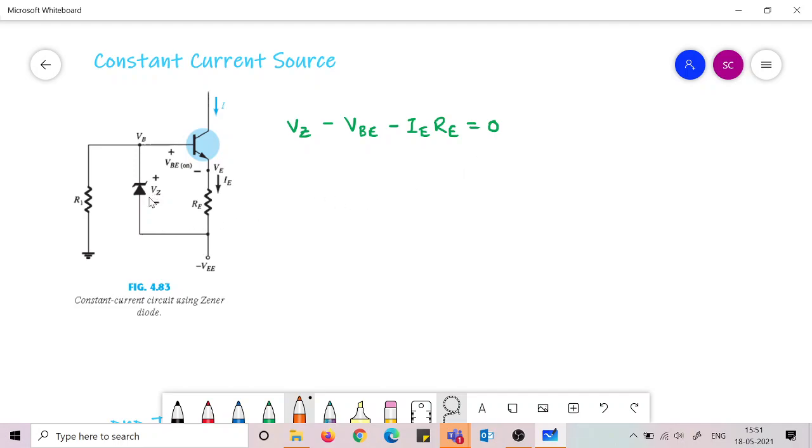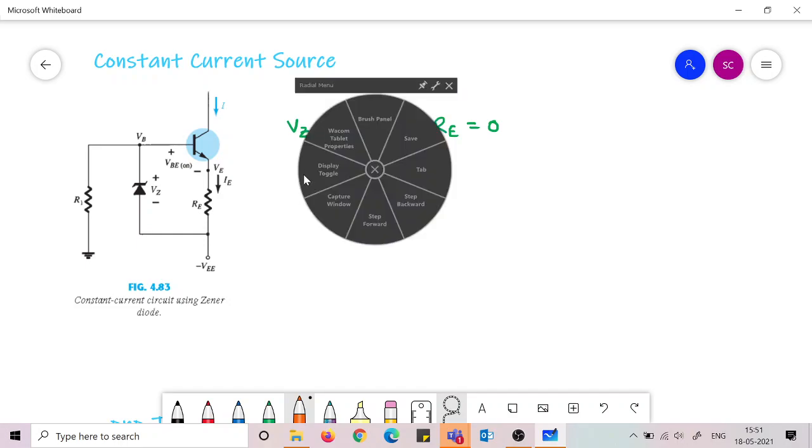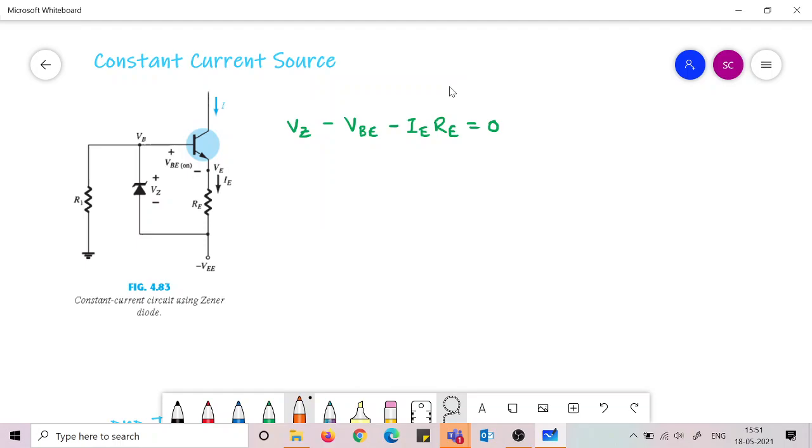and then your IE, which is the load current, will become equal to VZ minus VBE by RE.